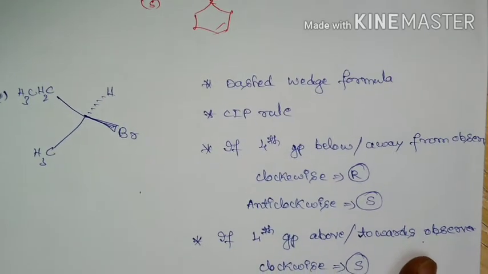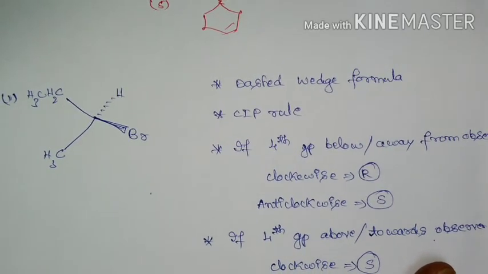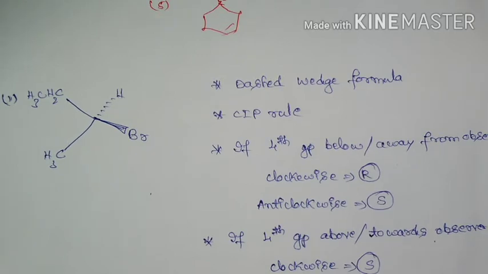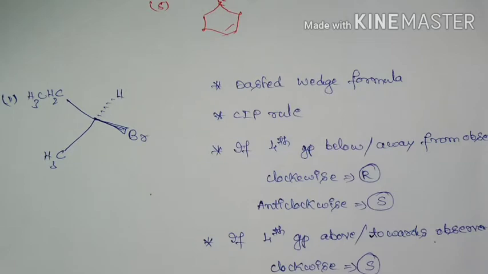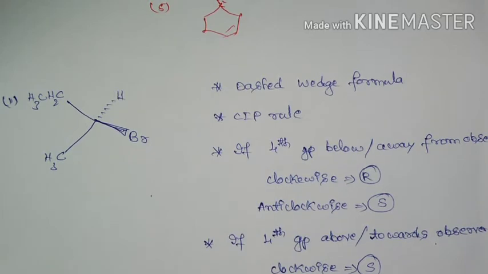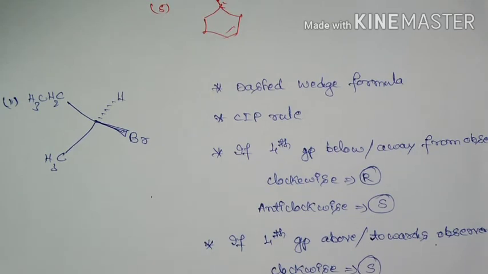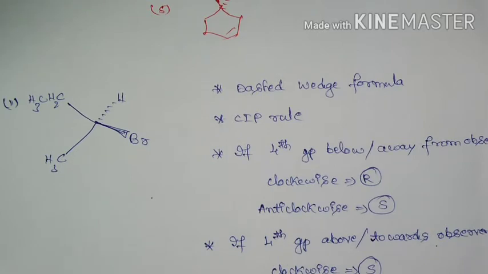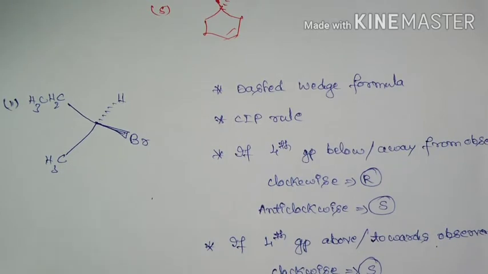If we take the first compound, it has a dash-wedge formula, and by applying the CIP rule, we are going to assign priority based on the atomic number. If the fourth group is below, or facing away from the observer, then clockwise movement we assign R configuration.